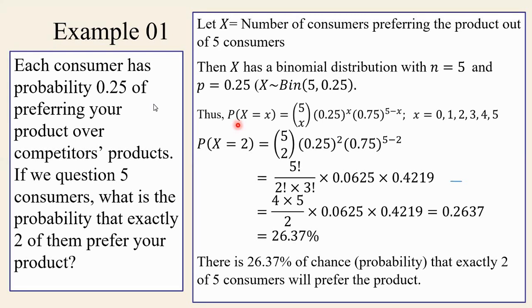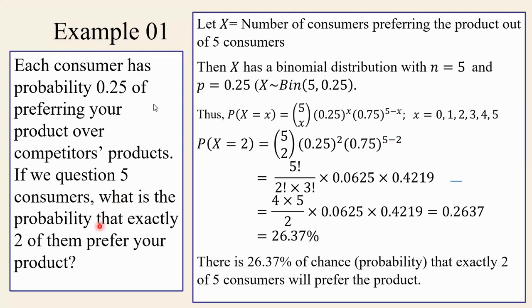So the probability of X equals x is given by n choose x, here 5 choose x, times the probability of success p, 0.25 to the power x, times 1 minus p, 0.75 to the power n minus x, that is 5 minus x, where the values of x are 0, 1, 2, 3, 4, 5.